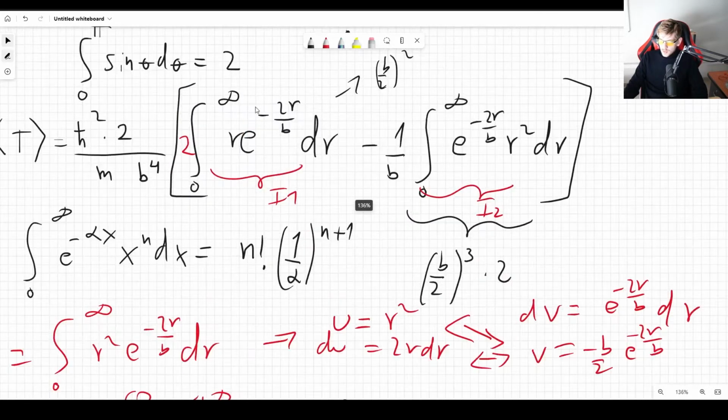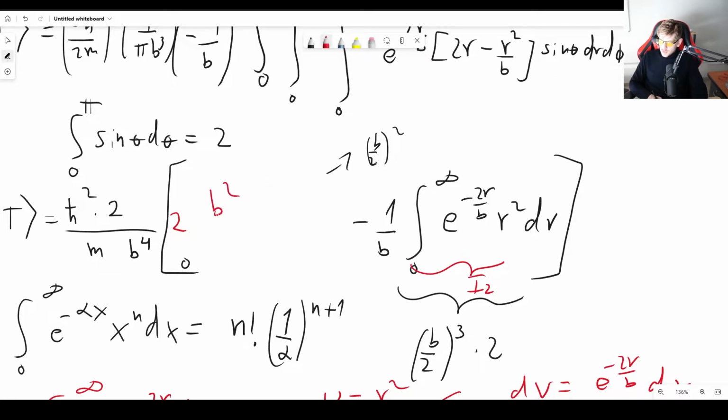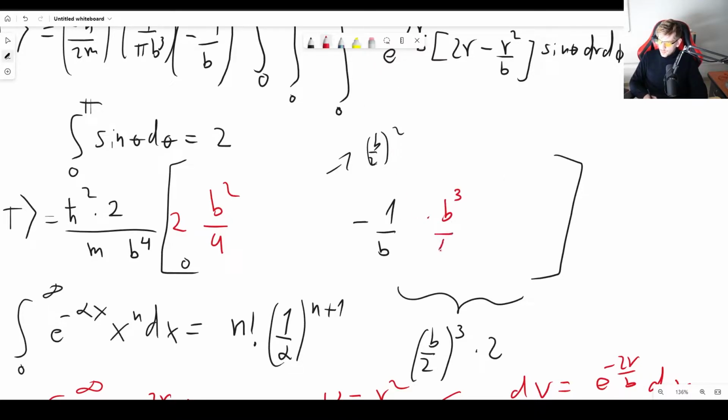So we could have just used the formulas, but now we learned how to solve this. So this first one, as we mentioned, is b squared over 4, and this is b cubed over 4, but it's divided by b, so we end up getting b squared anyways.